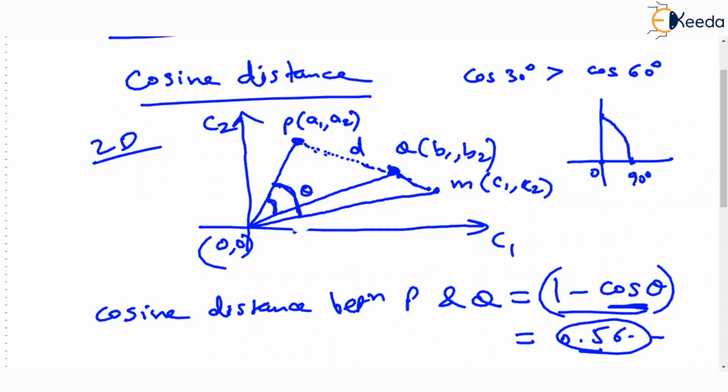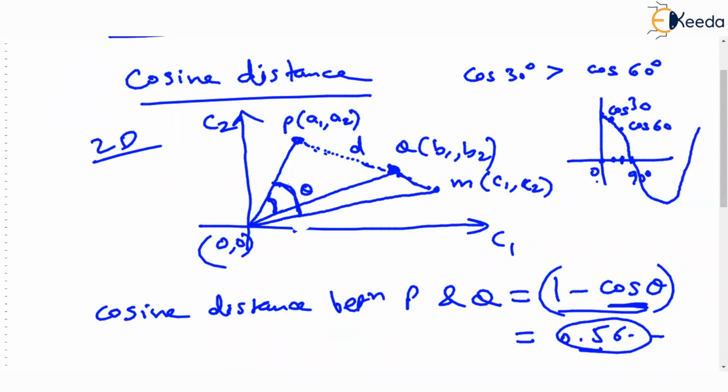So from cos 0 to cos 90, the cos is dropping. If 30 degrees is somewhere here and 60 degrees is somewhere here, cos 30 is obviously higher than cos 60, because this is the cosine graph.